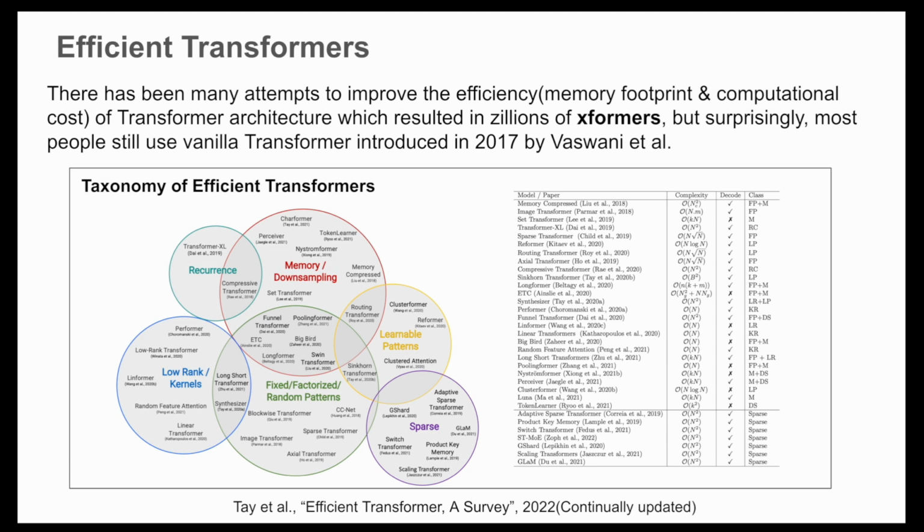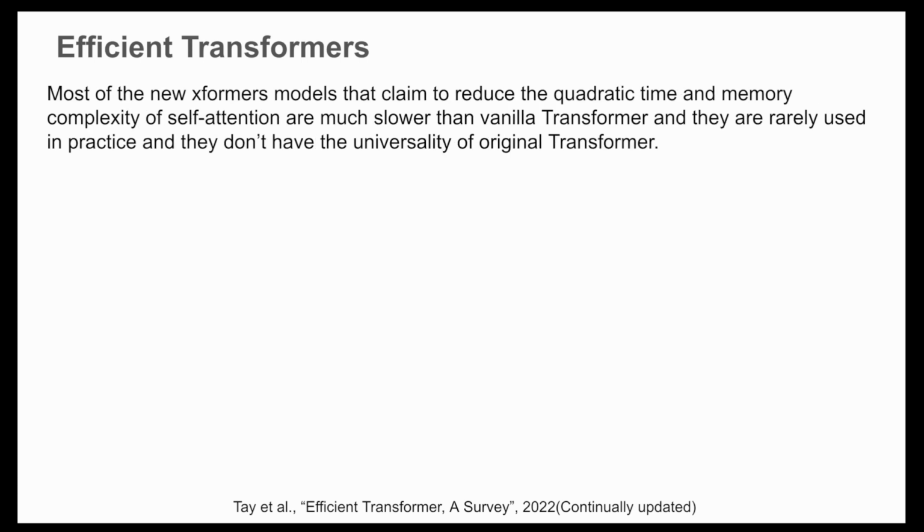So people are trying to design efficient transformers by trying to reduce the complexity of self-attention, but most of these new models which claim to reduce such time complexity are much slower than the vanilla transformer, and they are rarely used in practice because they don't have the same universality as the original transformer.